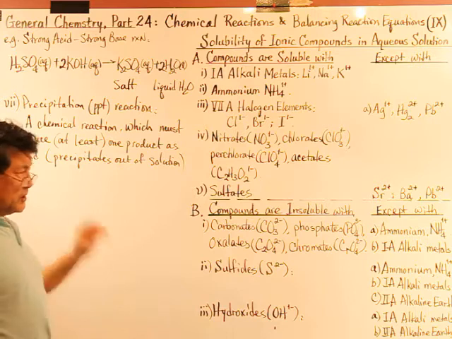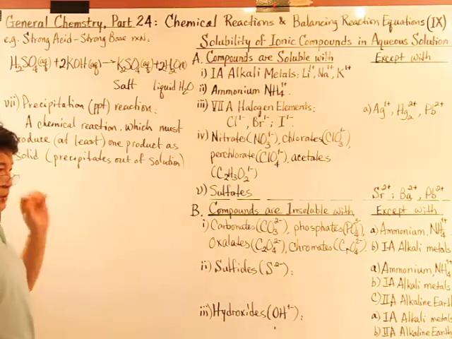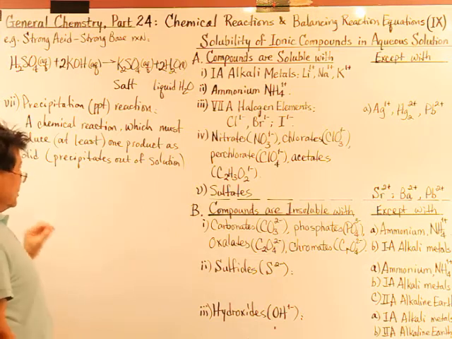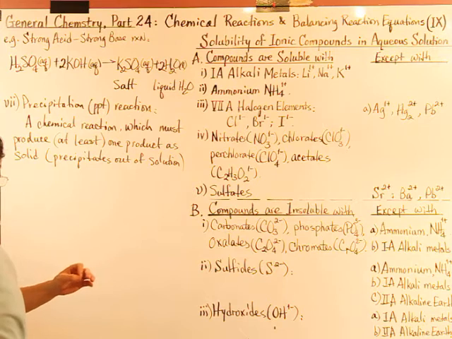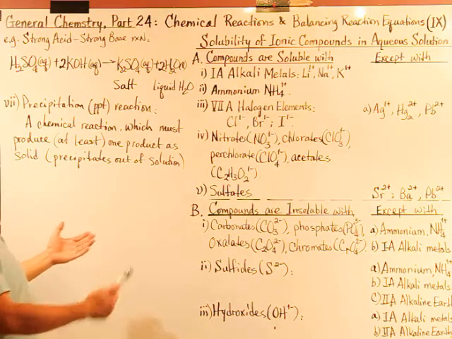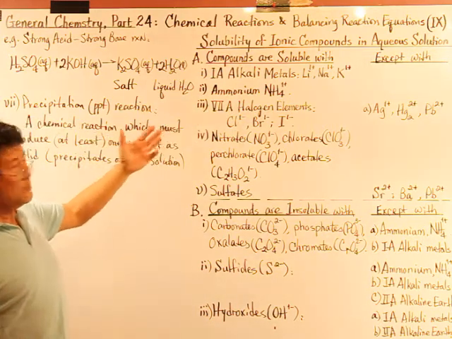So here it typically generates a solid, right? Solid compound. So the compound must be insoluble in the aqueous solution to be considered solid. Now, in order to understand what kind of compound will be insoluble in aqueous solution, we have to introduce a table. It's called solubility of ionic compounds in aqueous solution.